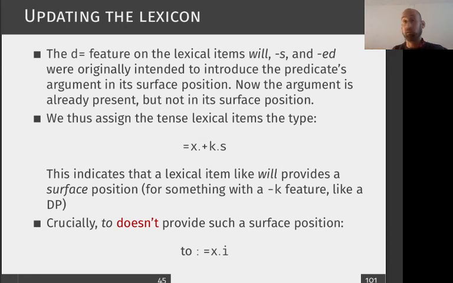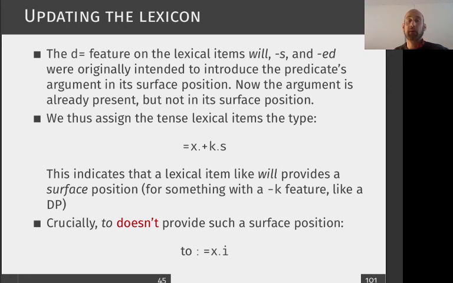Well, the d equals feature on will in the past and the present morphemes, okay, they were originally intended to introduce the argument in its surface position. But now we've decided that the arguments don't get merged in their surface position, they move to their surface positions. Okay, so we have to assign our tensor lexical items the following type, equals x plus k s.